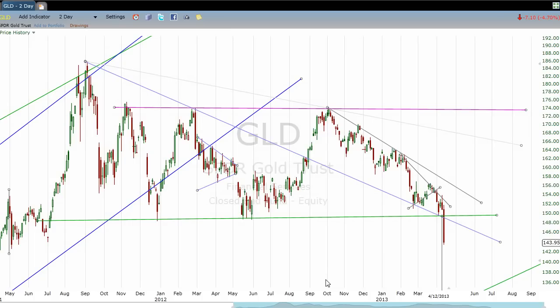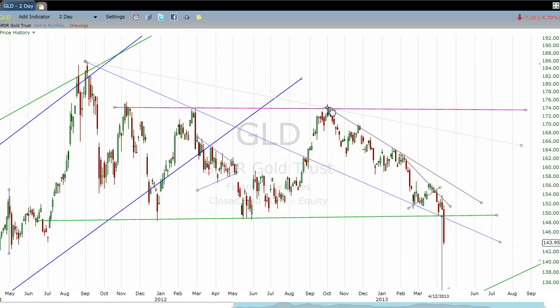The other thing that happened is there was this trend line right here over these two tops, and it looked like this move in late August, very early September, up to the 1700s again.